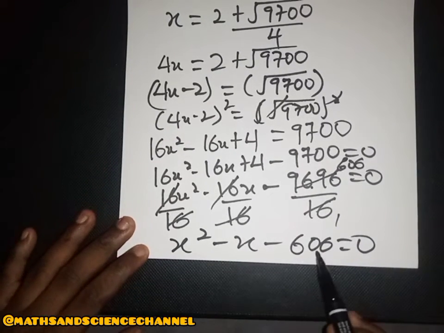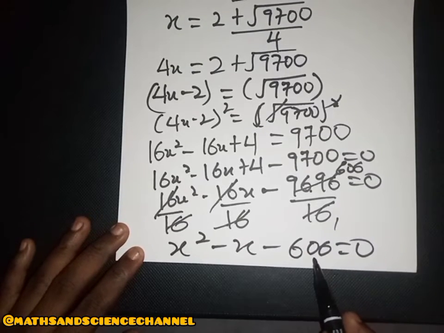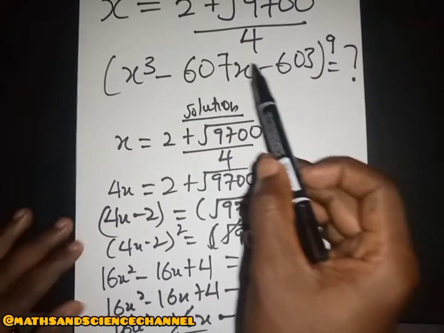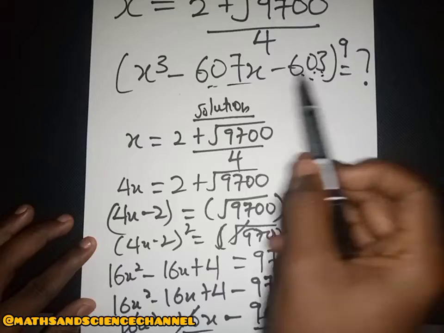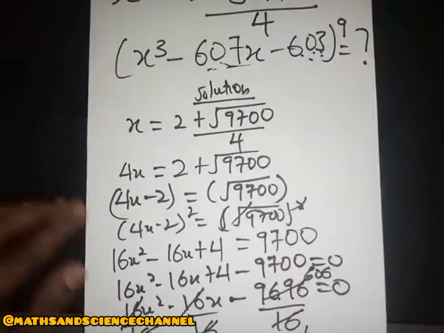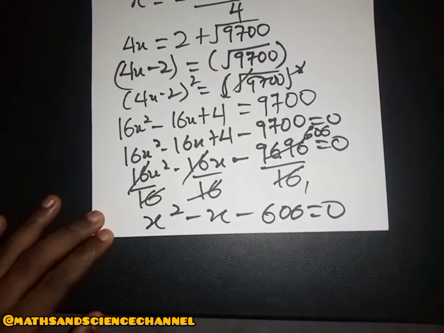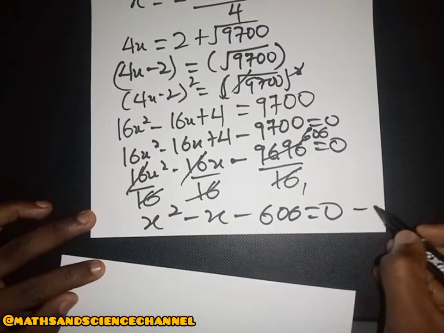Now if you look at the constant here, which is c, you realize that c, which is 606, looks similar to the ones we have over here, which are 603 and 607, right? So since we have something like this, let's call this one equation 1.